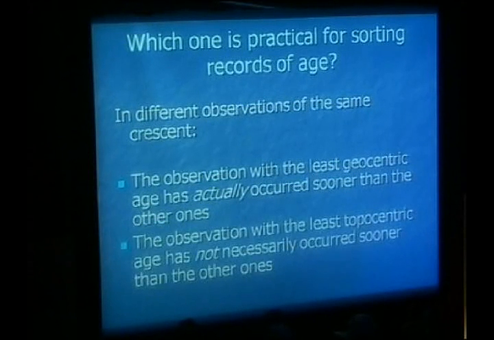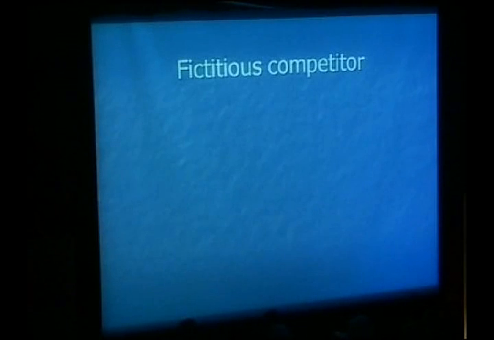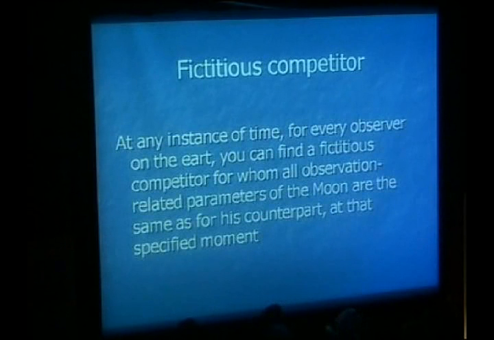But if we calculate the age topocentrically, someone who has actually seen the crescent later may have a better topocentric age. So he will set the new record. I'm going to introduce a fictitious competitor for any observer. At any instance of time, for every observer on the Earth, you can find a fictitious competitor for whom all observation-related parameters of the Moon are the same as for his counterpart at that specified moment.